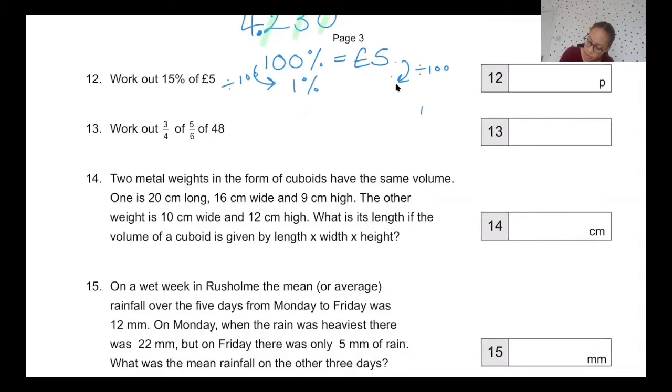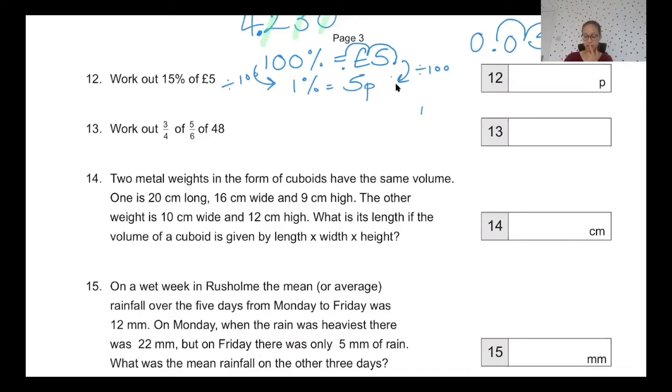I would put the decimal point in here and then move it on paper just to be really sure that I don't mess up the decimal places. So I'm going to just draw that over here for you to see. So 1, 2, decimal point, put the 0 in the gap. So 1% is 0.05 pounds or 5 pence. Make sure you get that right and don't write 50 pence accidentally.